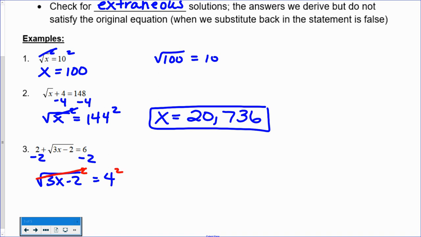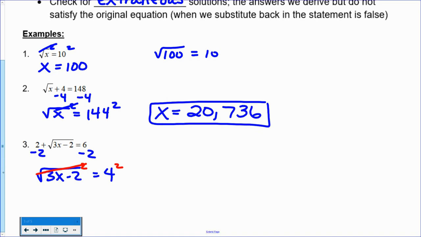Make sure you square the other side as well. And since I'm undoing that square root, I don't actually have to square that 3x minus 2. If you did, you would have squared it twice, which is unnecessary and a lot of work. So 3x minus 2 would equal 16, and then you're solving for x.